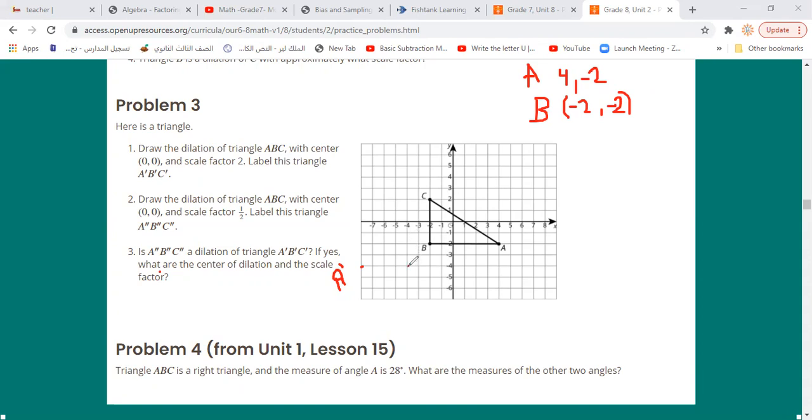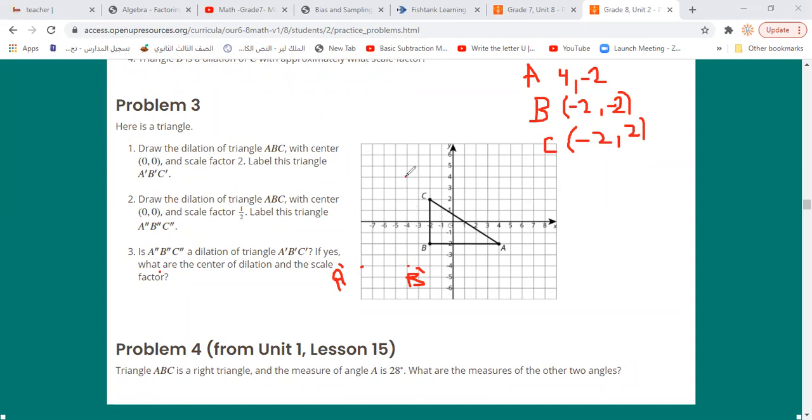So this is B prime. What about C? Negative 2 and 2. If we multiply by 2, then it will be negative 4 and 4.